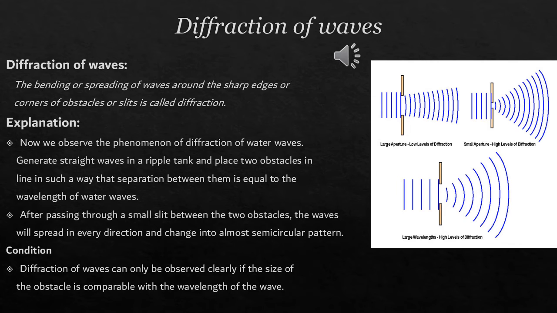After passing through the small slit between the two obstacles, the waves will spread in every direction and change into an almost semicircular pattern. Condition: diffraction of waves can only be observed clearly if the size of the obstacle is comparable with the wavelength of the wave.